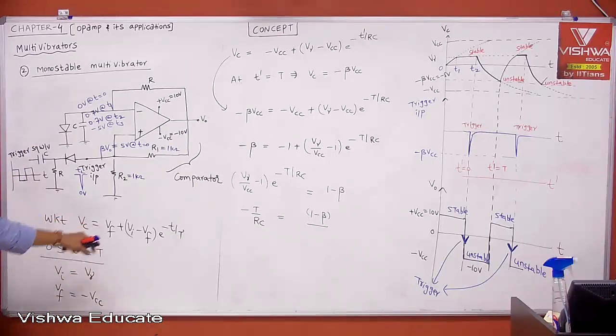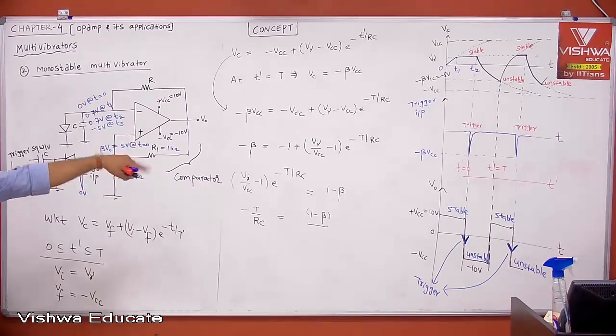VC is equal to V final plus (V initial minus V final) into e to the power of minus T by tau. Okay, you substitute and then tell me where that mistake is. The procedure is common, then you tell me.